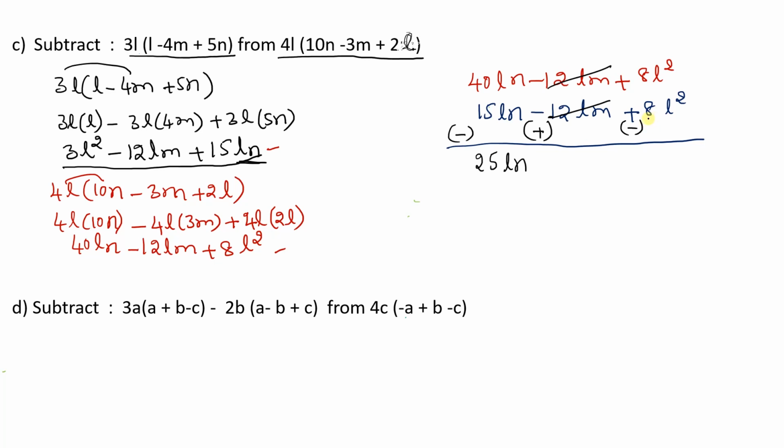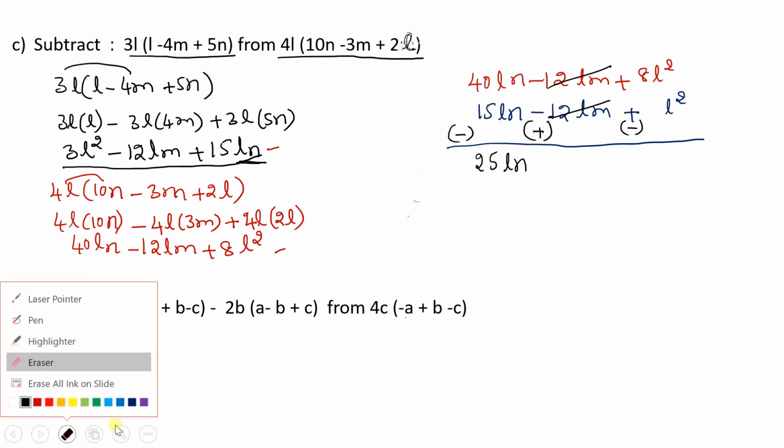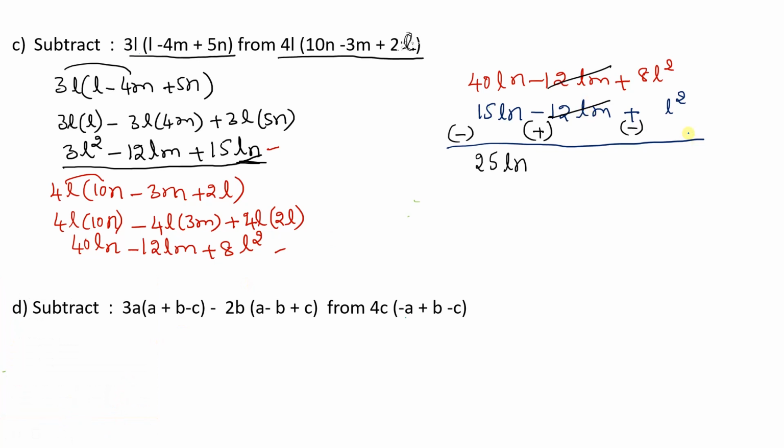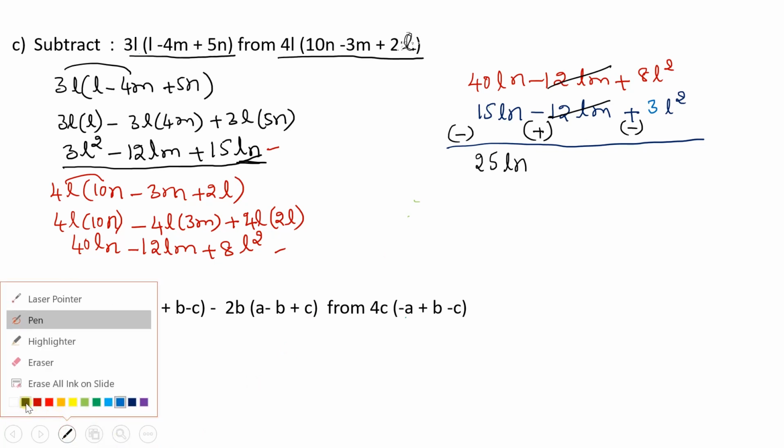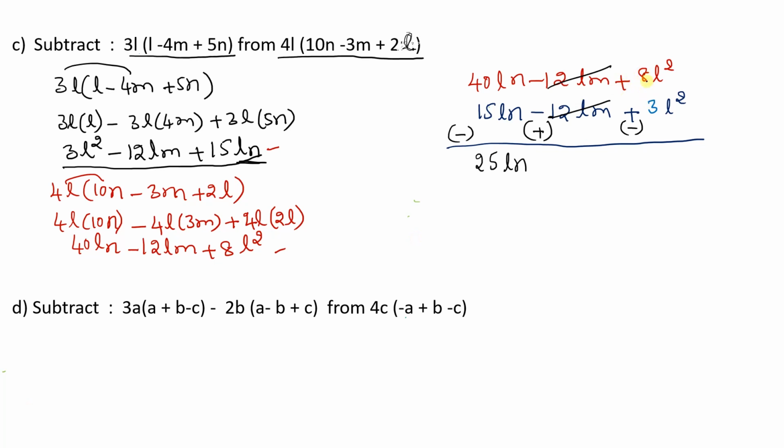Sorry, here it should be a 3l square. Then you will get 8 minus 3 is 5, plus 5l square. So therefore the answer is 5l square plus 25l into n. So this is the final answer.